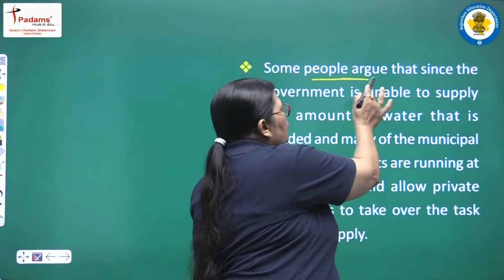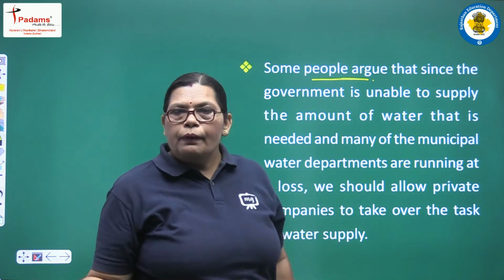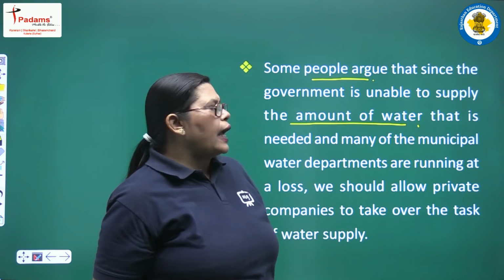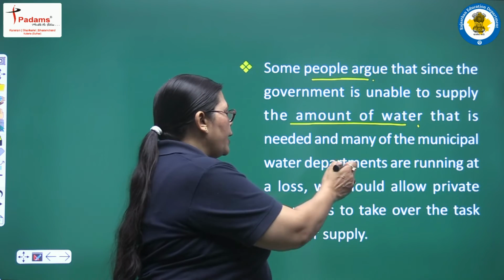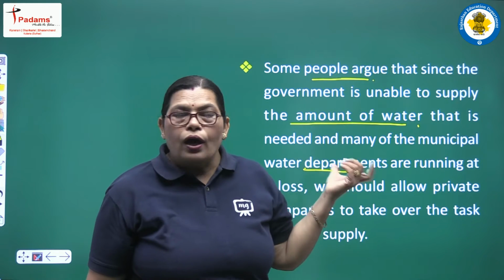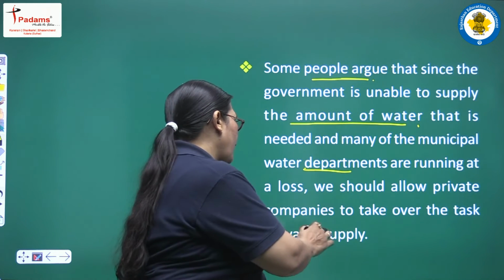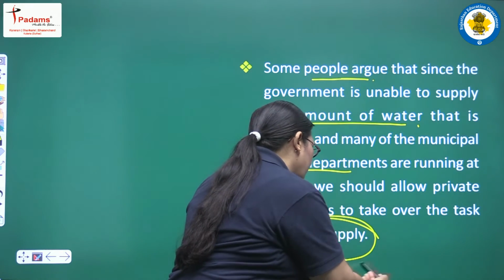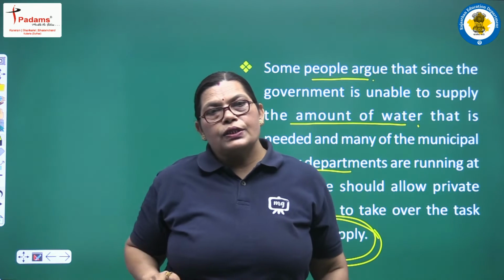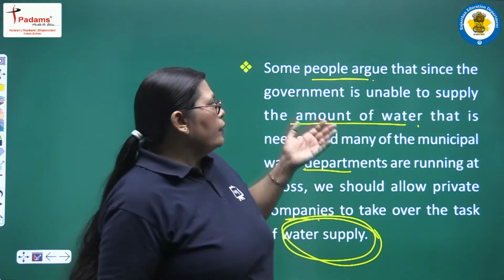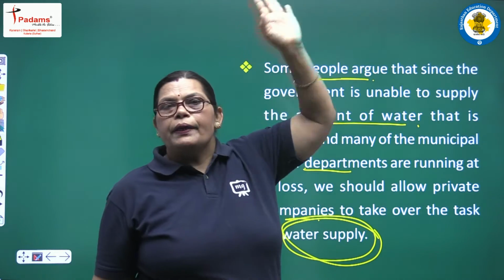Some people argue that since the government is unable to supply the amount of water that is needed, and many of the municipal water departments are running at a very big loss, we should allow private companies to take over the task of water supply. This is the real situation, students. The crisis is regularly going on, and with that crisis some people argue.